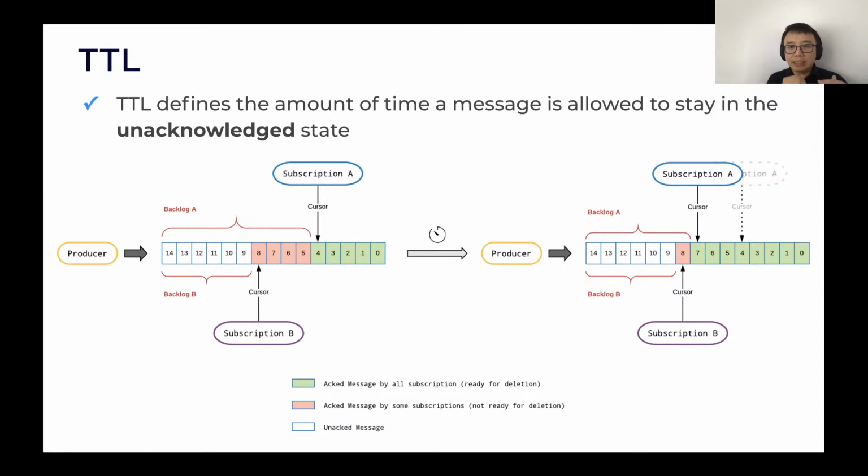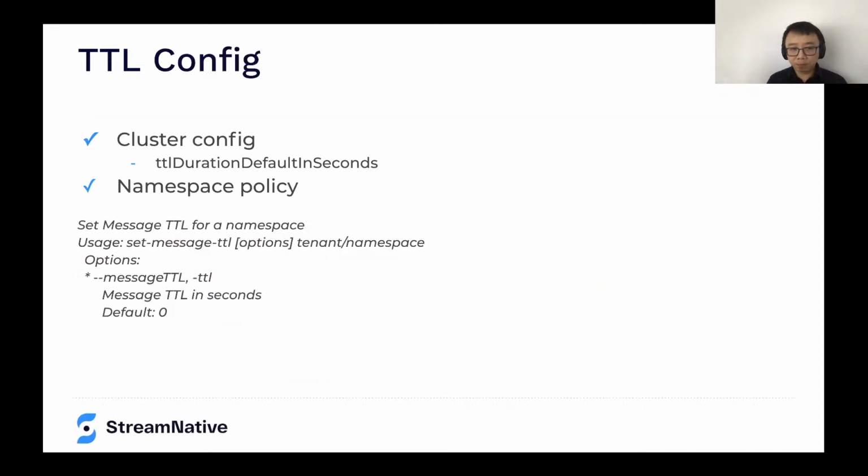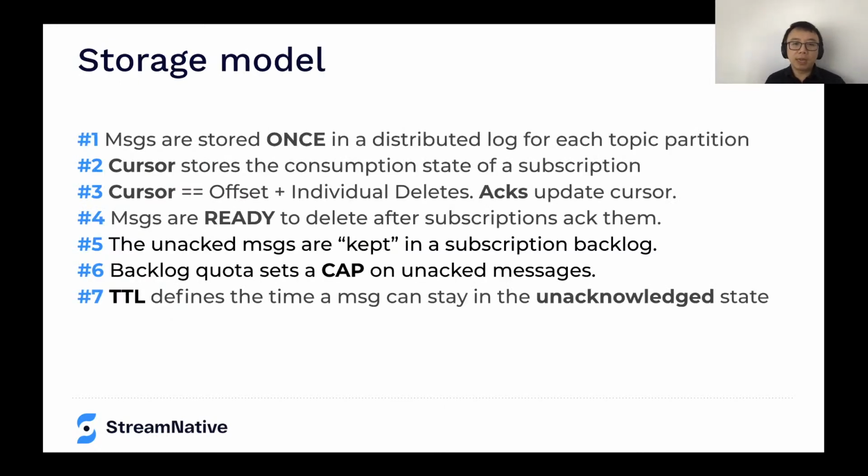So this is the TTL, and TTL is usually very useful for some messaging applications or streaming applications that require the messages to be really up to date, and they don't want to process any old data. TTL would play a great role there. Same thing, you can configure a cluster-wide setting, or you can specify this in the namespace.